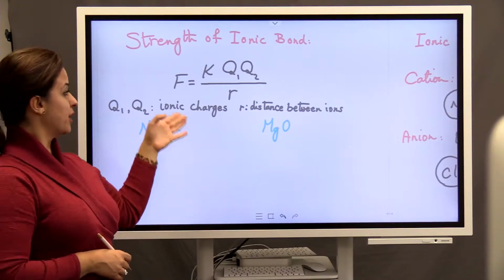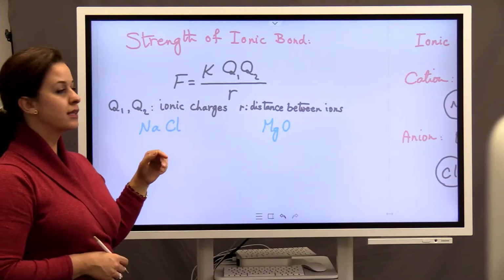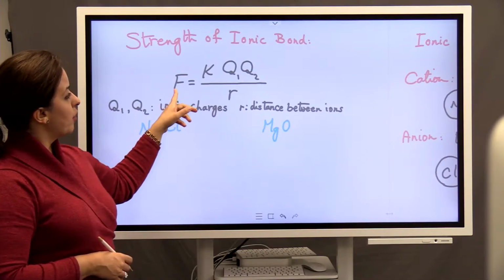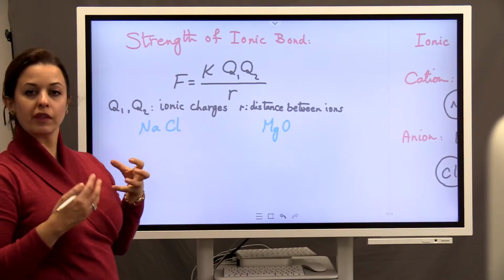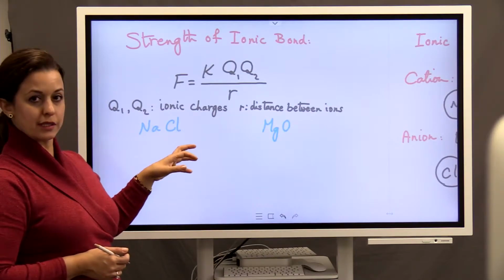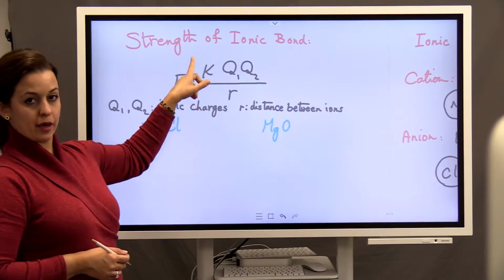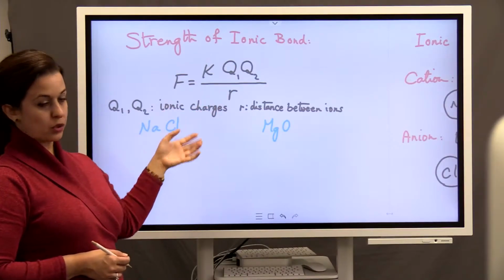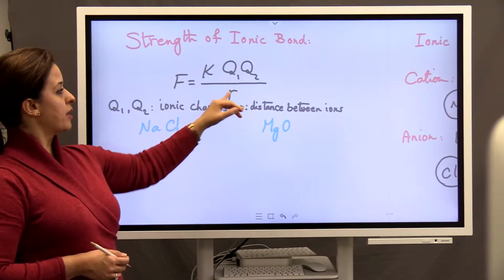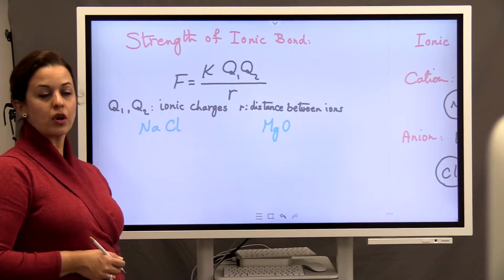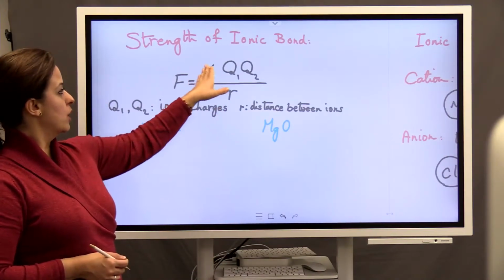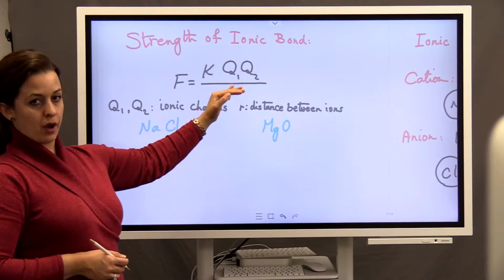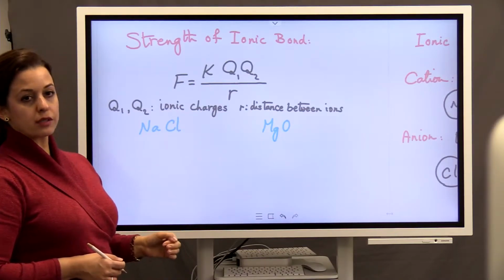If it's familiar, you had it in physics. So the force between the two charged particles depends on a constant times the charges, here ionic charges, divided by the distance between the charges, here again the distance between the ions.